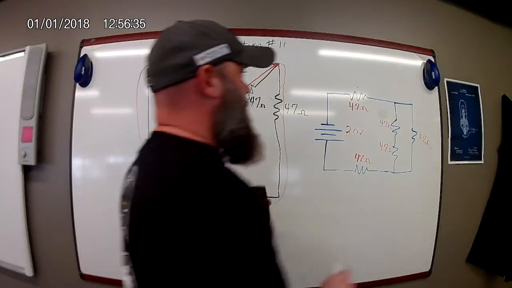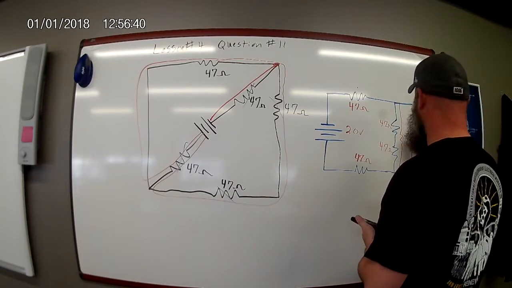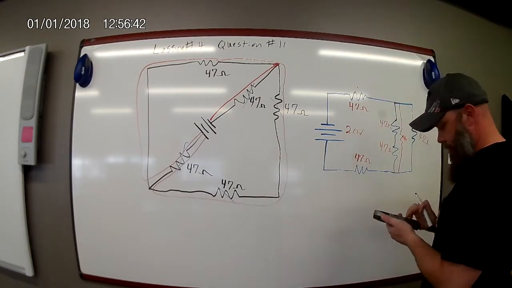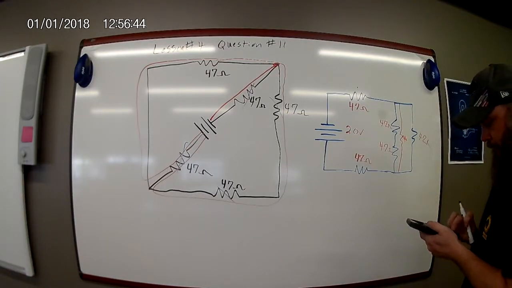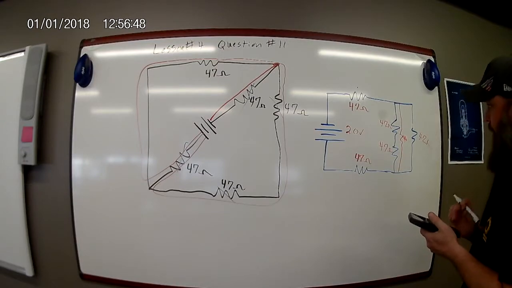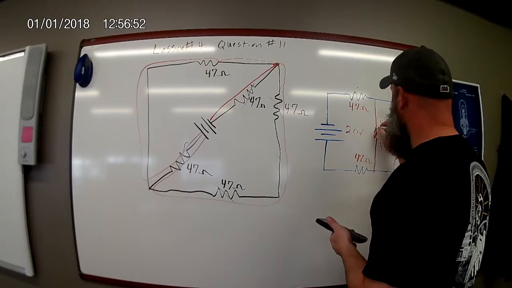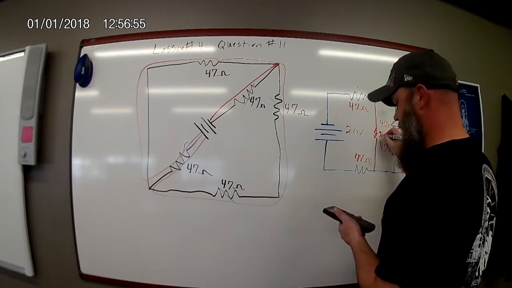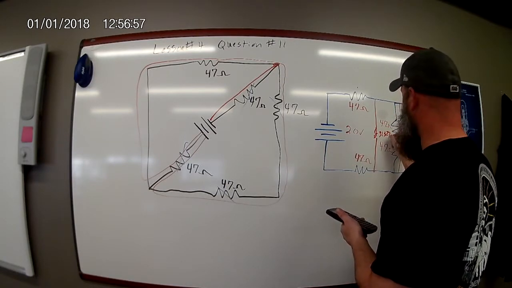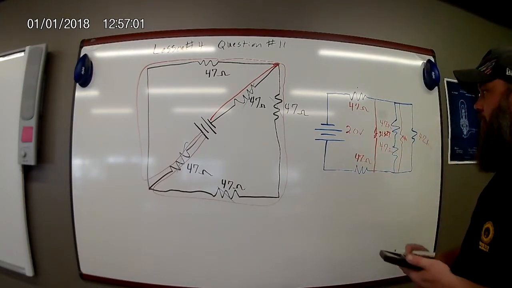Starting off right here, we know that these two we can make our fictional resistor of 94. So we know that this part right here, this resistor, would be 31.333 repeating. So that's pretty much, we've summed this one up and shrunk it down.